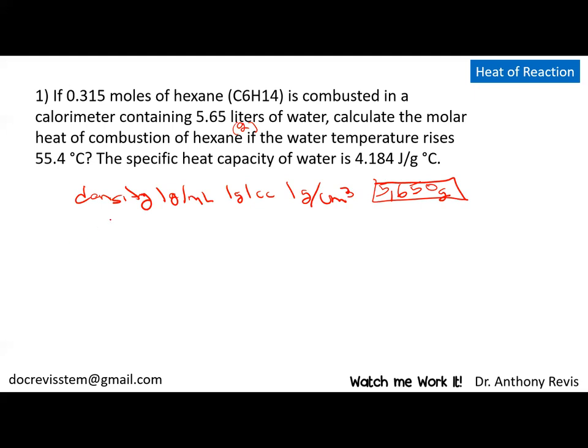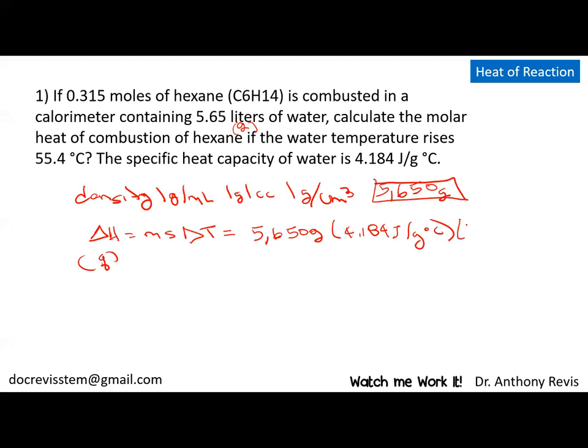So what do I know? I know that the heat, delta H, is equal to m s delta T. And so what I'll do here is take my mass, which is 5,650 grams, times the specific heat of 4.184 joules per gram degrees C, times the delta T, the change in temperature here.